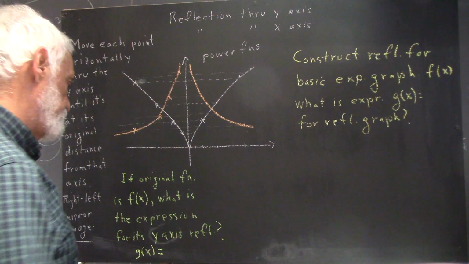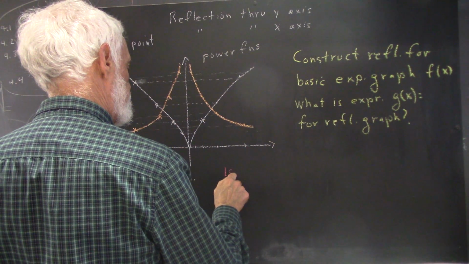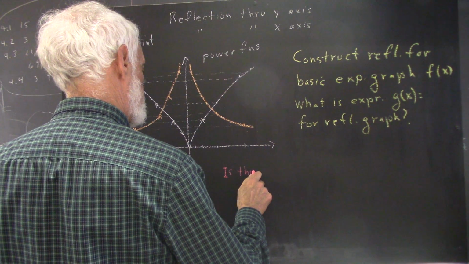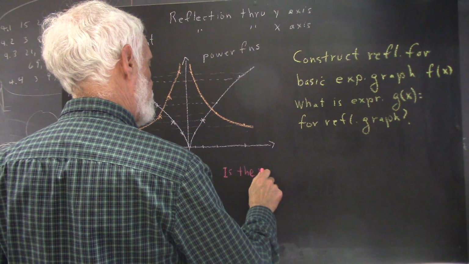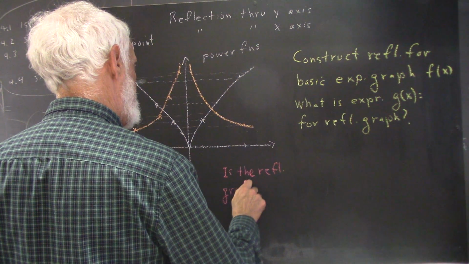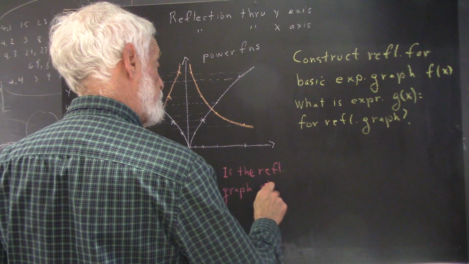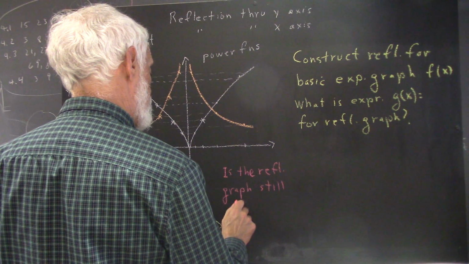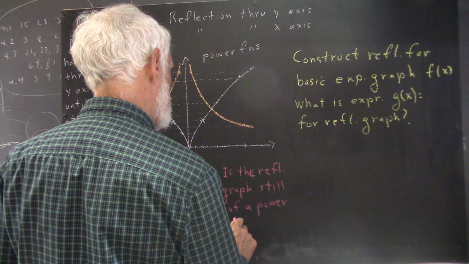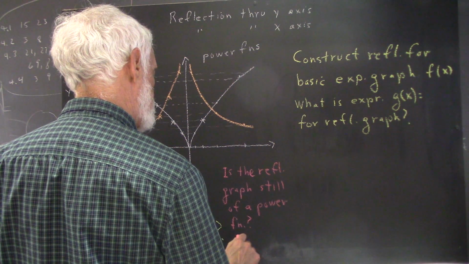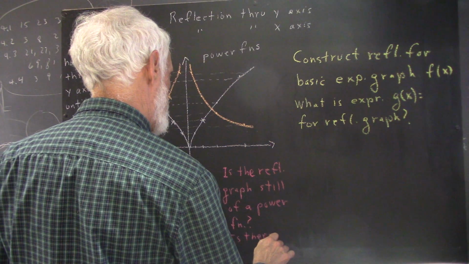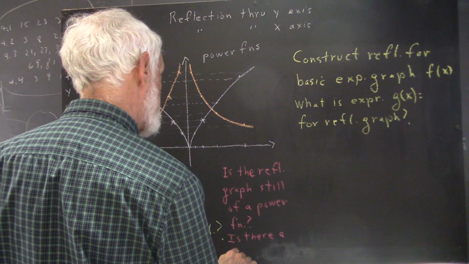Is the reflected graph still of a power function? Is there a doubling displacement?